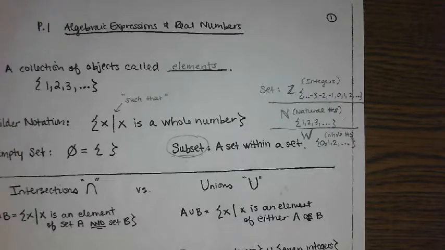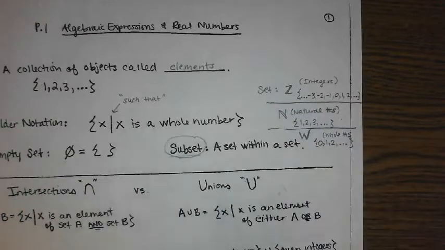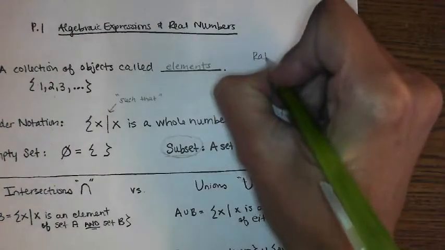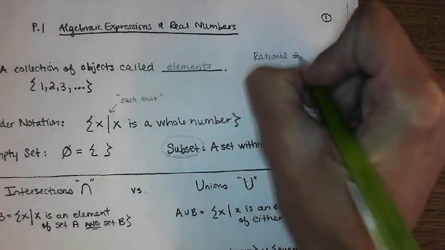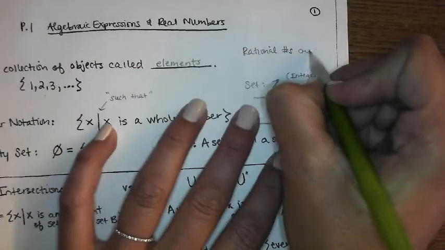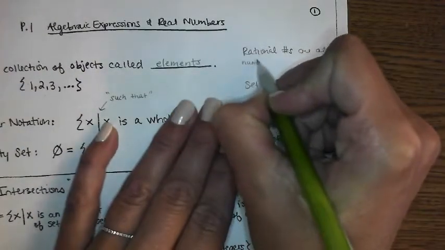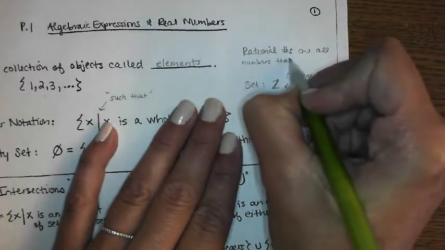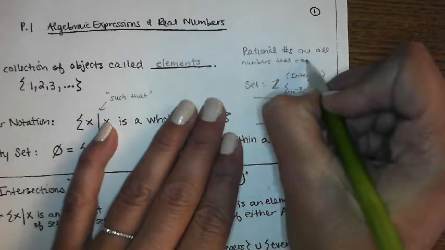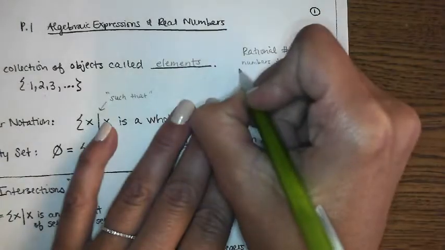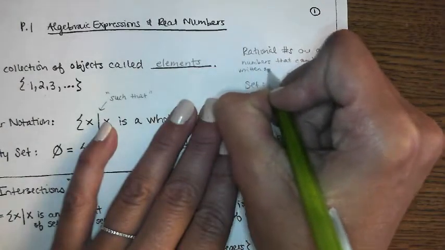You've got 2.1, you've got 2.01, you've got 2.001, and you can keep going. It's kind of a weird concept, that there's an infinite number of numbers just between 2 and 3. But you can't really write it out in a list format. But rational numbers are all numbers that really can be written as a fraction.